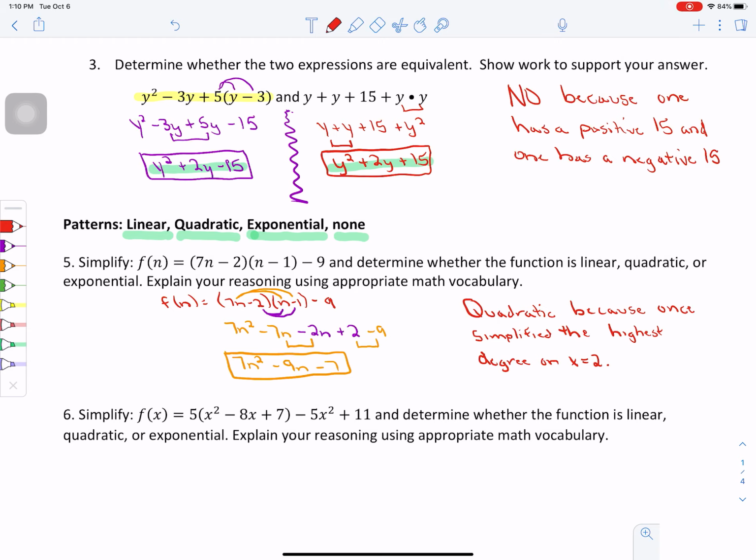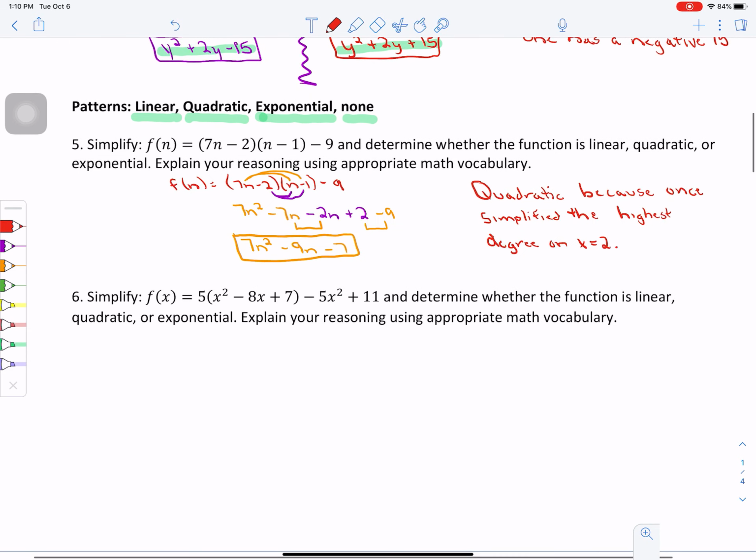Okay, problem number 6. For problem number 6, we're going to do the same thing we did as problem number 5. So I'm going to rewrite it again, just to give myself room to do my work. 5 times x squared minus 8x plus 7 minus another 5x squared plus 11.